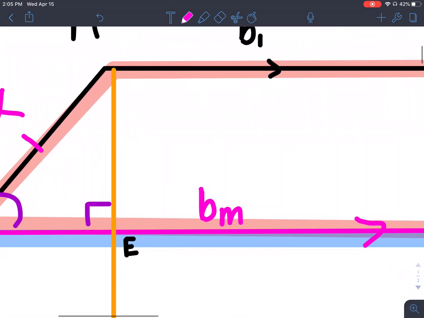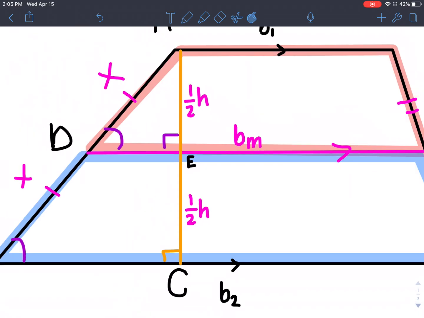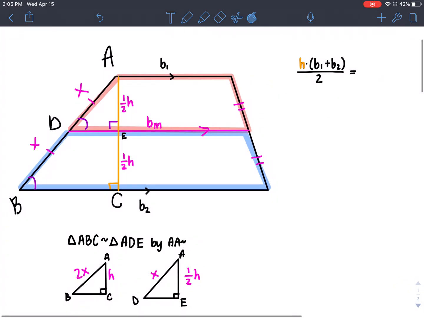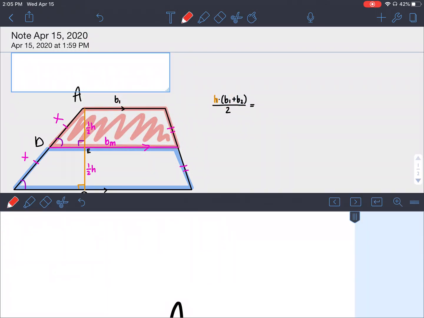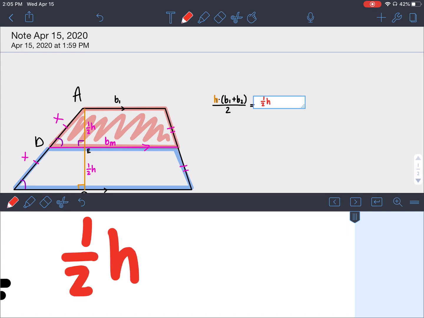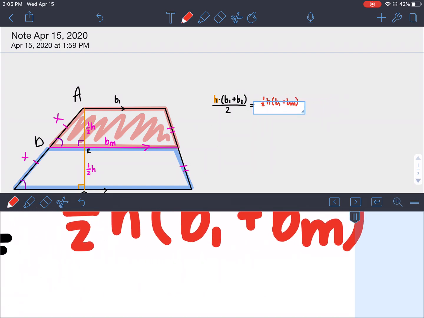So now I can label that as 1/2 of our height, which means this has to be half of our height. Okay. And that's going to help me because I want to figure out the area of both of those trapezoids. So now if I look at my red, the trapezoid highlighted in red, that area has to be 1/2 of our height times base 1 plus the base of our median divided by 2.